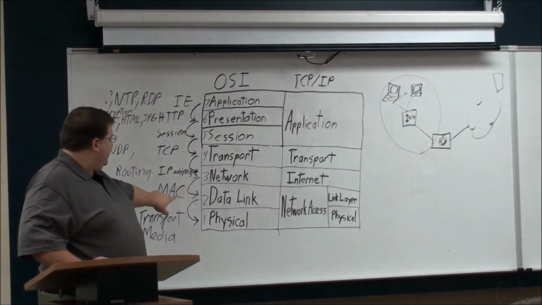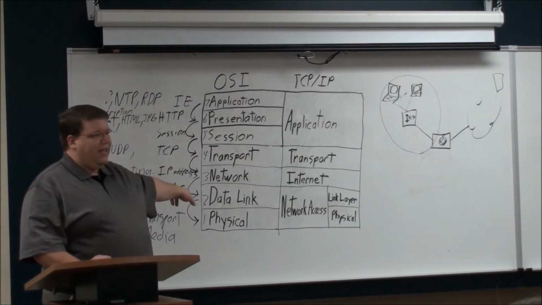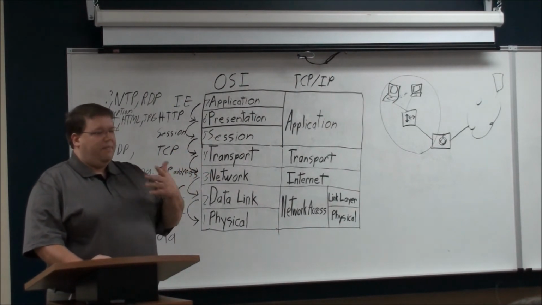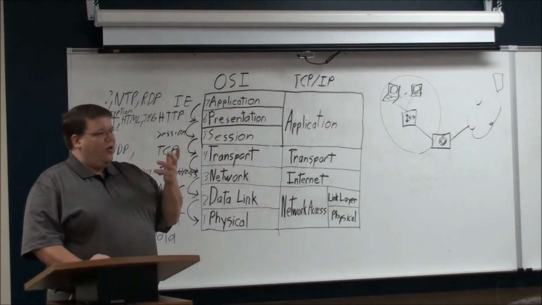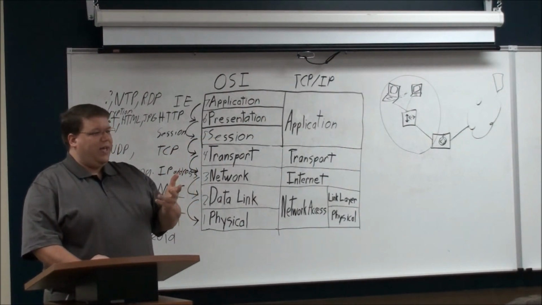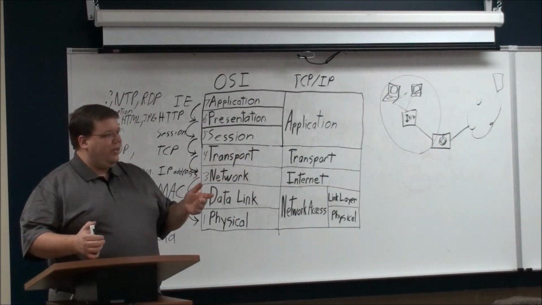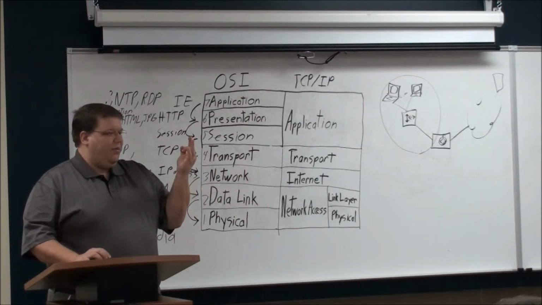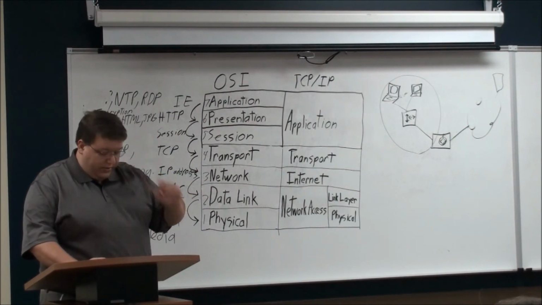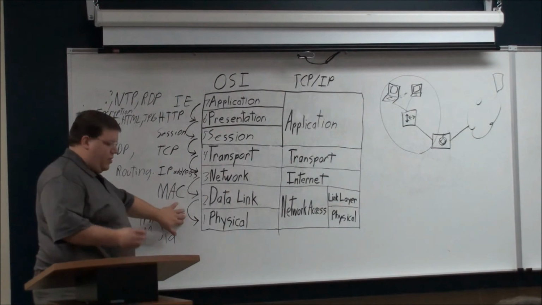So you have devices like hubs down on physical and switches up on the data link layer, because switches look at MAC addresses and figure out, okay, I need to send it out a specific port on the switch, whereas the hub doesn't care. It just shoots the information back out every port that it has, except for the one that it received the information on.